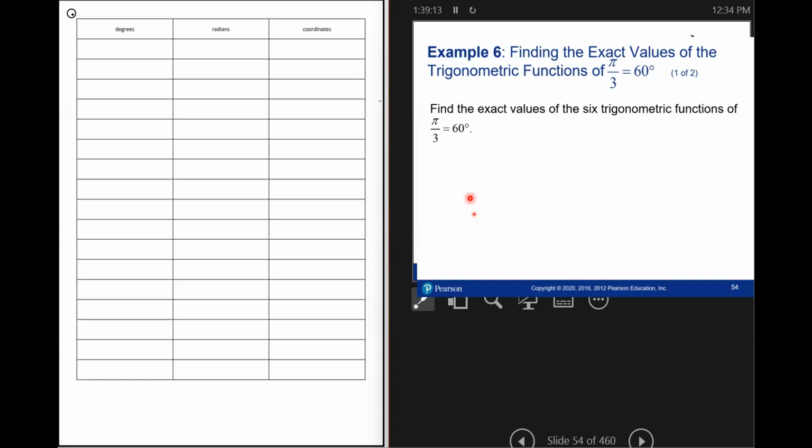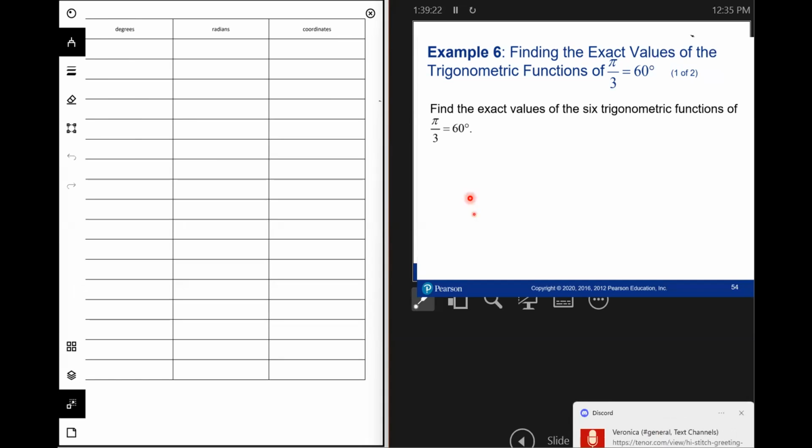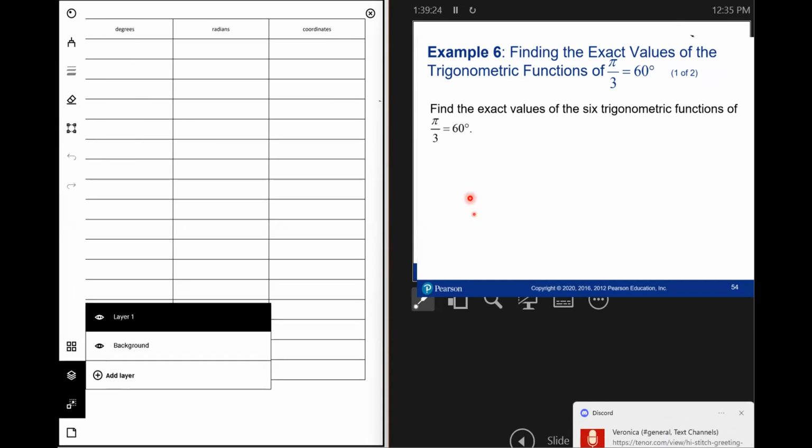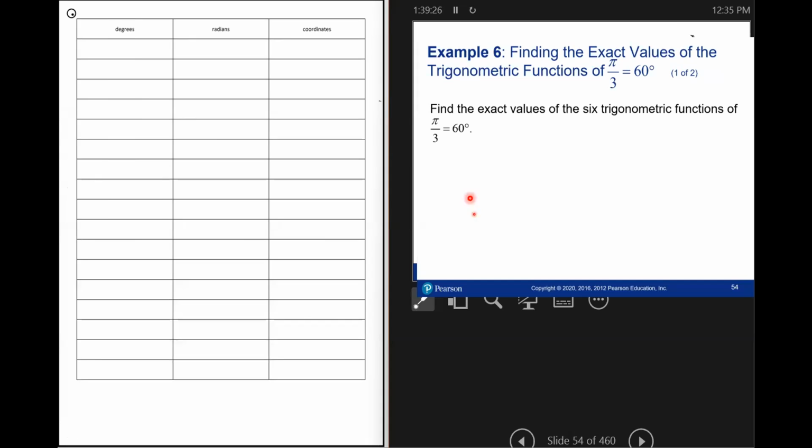All right, we have 0 degrees, which is 0 radians, and we already determined the coordinates are 1, 0. And then we have 30 degrees, and I'll build the radians up later.